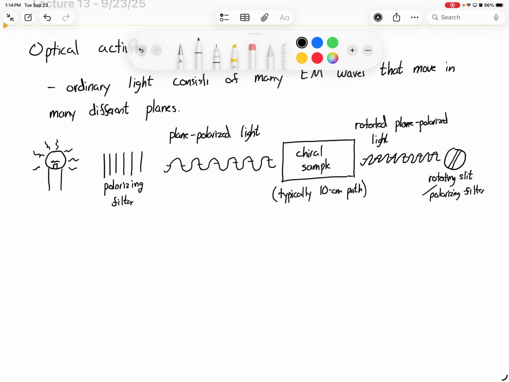Okay. And then the light will be rotated, okay? And then at the very end, this last part is the detector, slash observer.